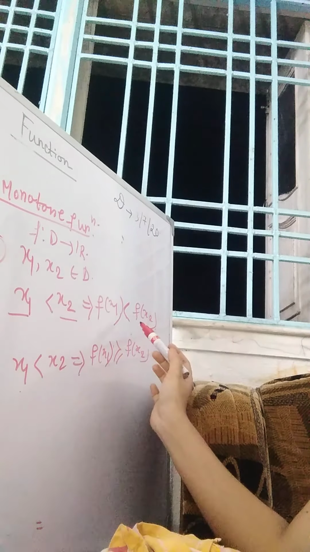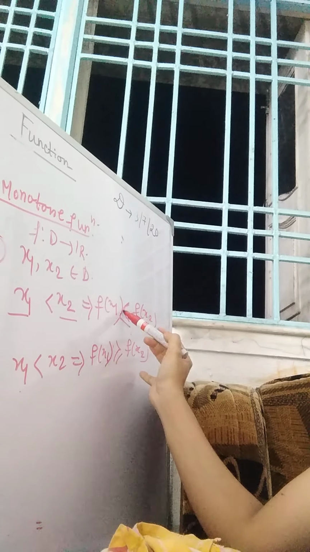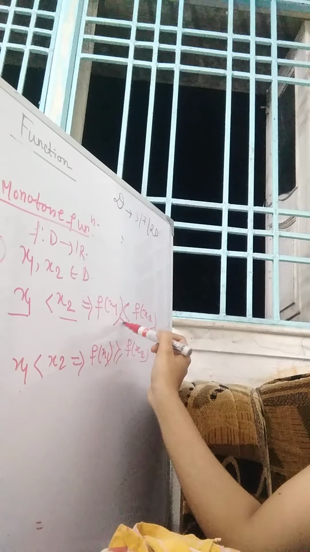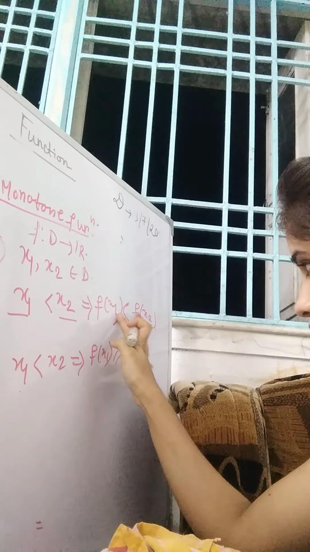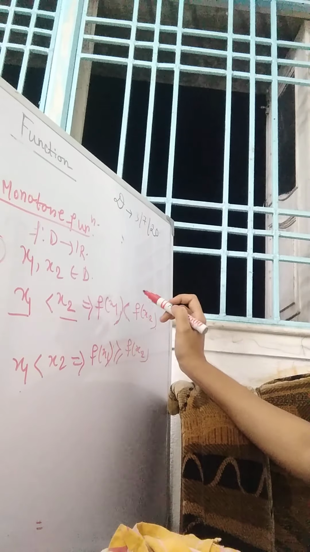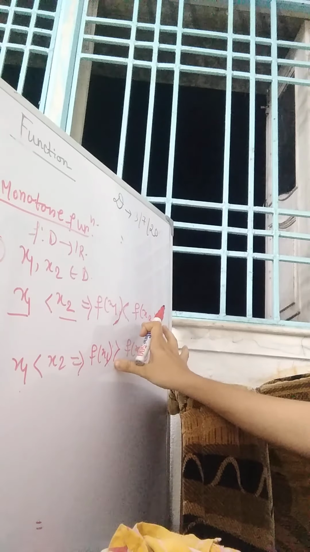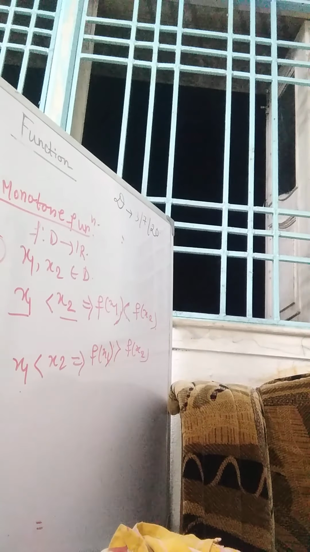If there is less than or equal to, it is monotone increasing. If we have only strict inequality, then we call it a strictly monotone increasing function, and this one is a strictly monotone decreasing function.